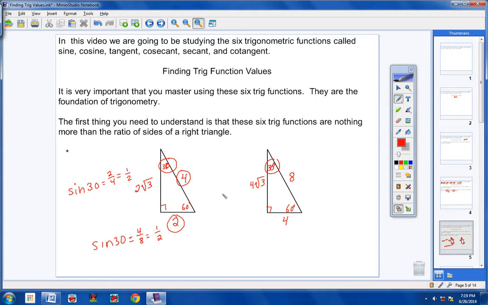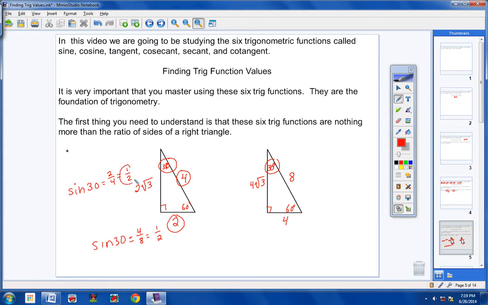I guess what I'm trying to show you is simply this: no matter what triangle you're dealing with, if you have the sine of 30 in one triangle or the sine of 30 in another triangle, it doesn't matter what the side lengths are as long as they're accurate measurements.